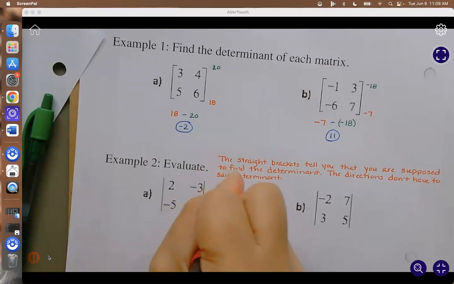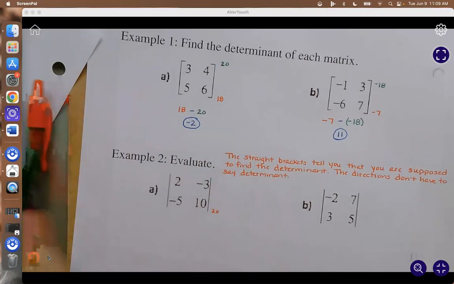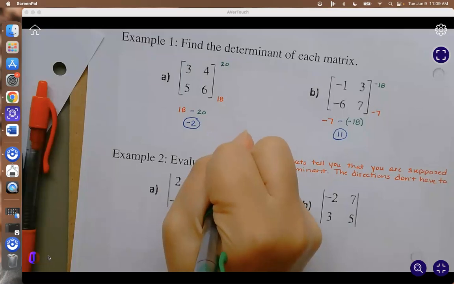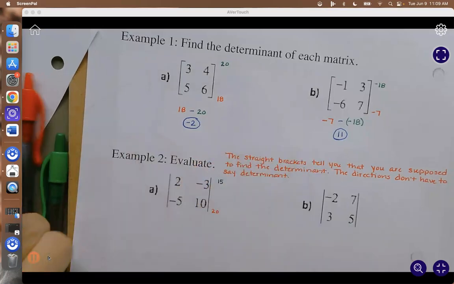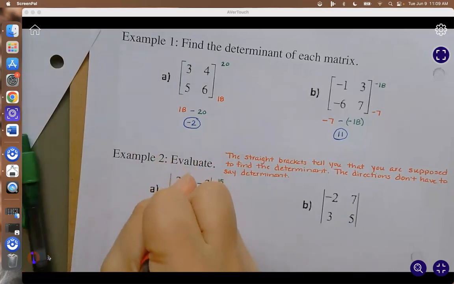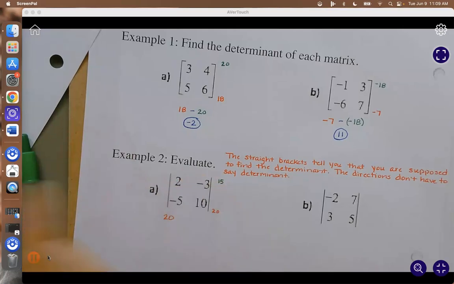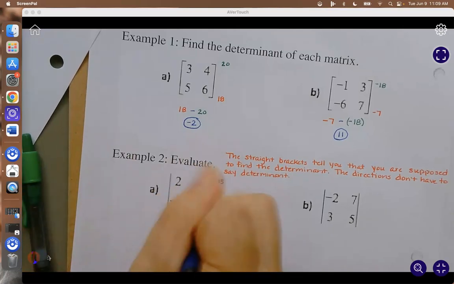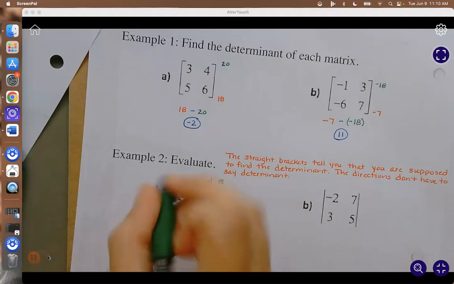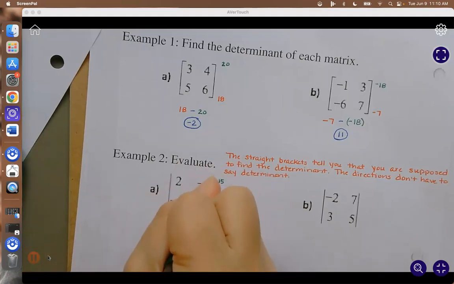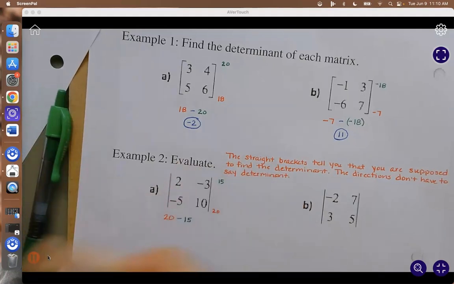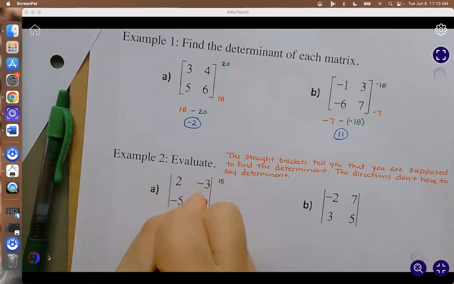So this is 20. This is 15. So 20 minus 15 is 5.